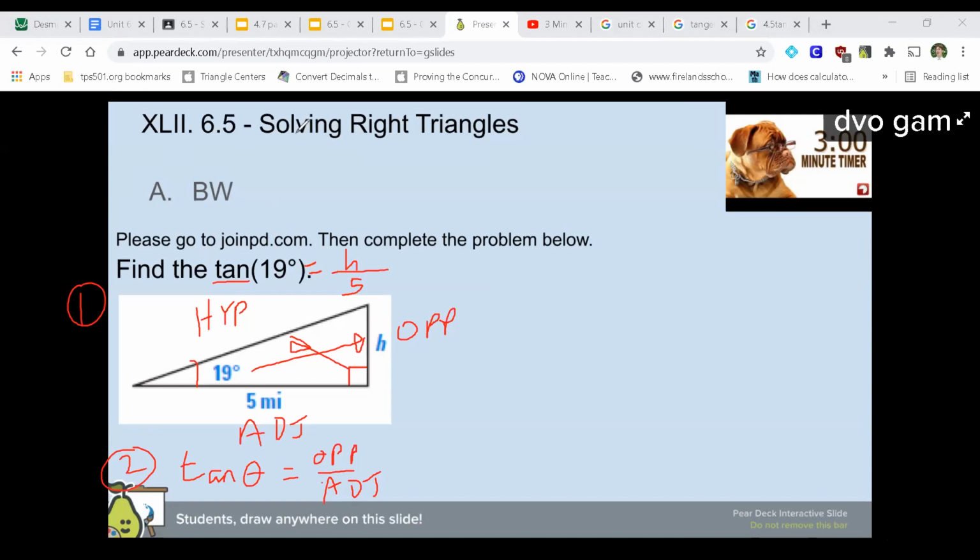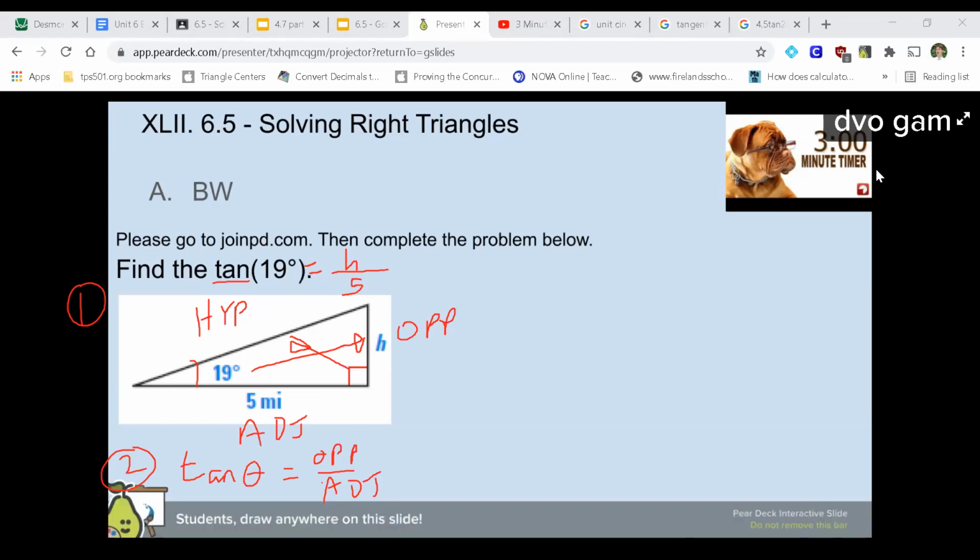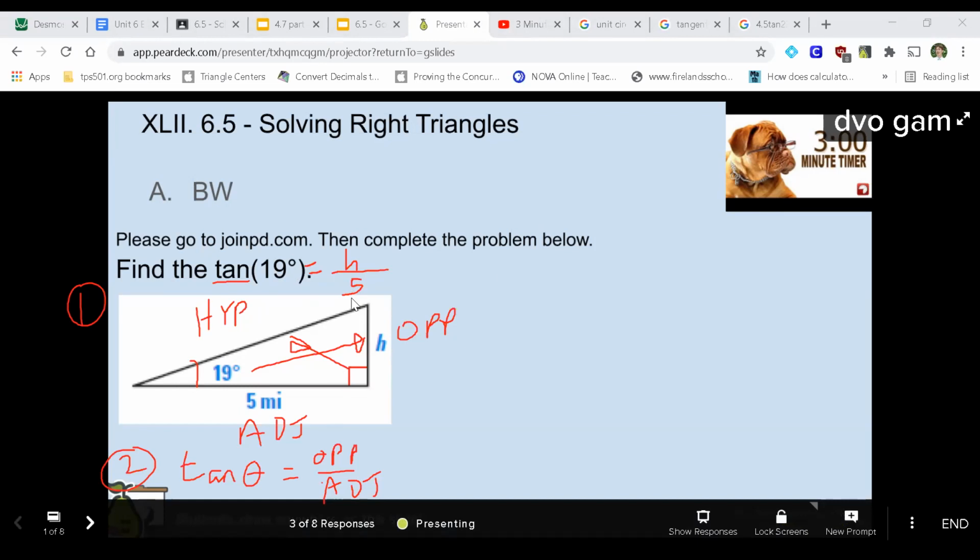Or does anyone need more time to write? Today's class, we're going to talk about how you could go further with this problem, actually solve it to find out what h is. But for right now, that's all.